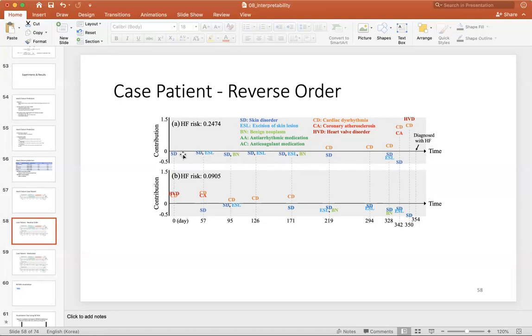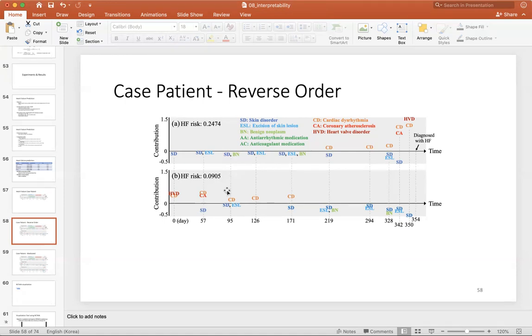The original patient did not have heart-related conditions, then started to develop them and was diagnosed with heart failure. But this patient is the exact opposite. This patient started off with severe heart-related symptoms, but then got better and better. In the later phase, all this patient had was skin disease problems. So the risk score has drastically reduced from 25% to 9%.